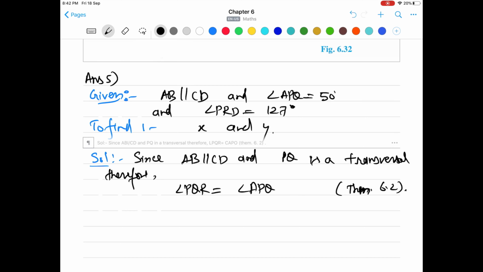So PQR we have to find, which is X, and APQ is given, which is 50.